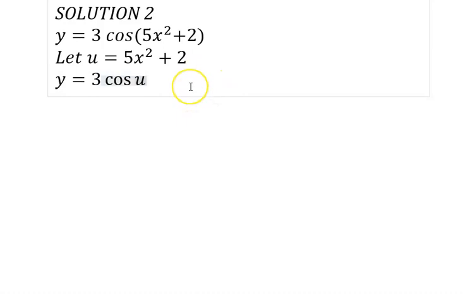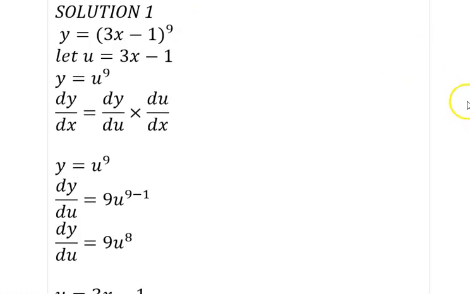So if all you have here has been represented to be u, you now have your y will now be 3 cos u, because we've said this one will be our u.